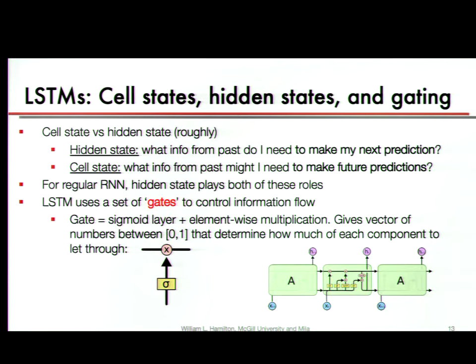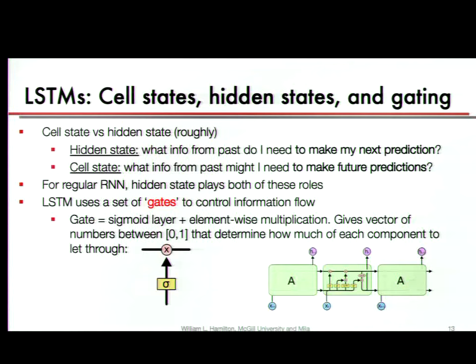And really for a regular RNN, we're implicitly expecting the hidden state to play both of these roles. The hidden state is a thing we're using to predict the current thing, like the current word in language modeling, and the hidden state is also the information that's being transferred to the next step. In the LSTM, we're adding the cell state that's more explicitly keeping around information that's useful not just for the next prediction, but for maybe many possible future predictions.